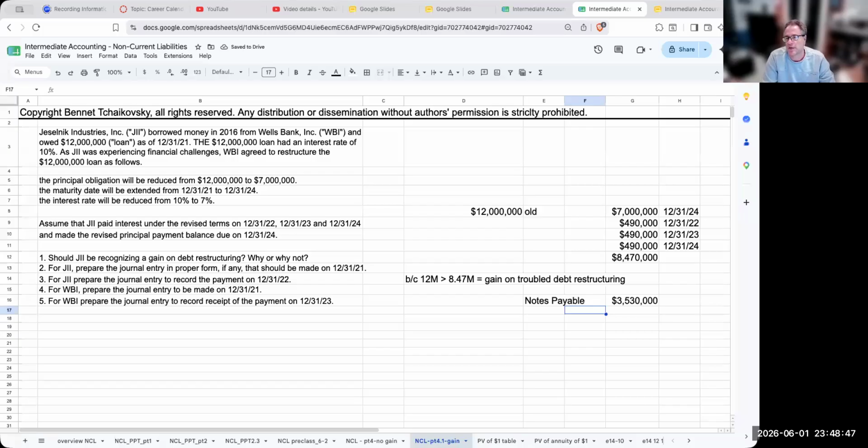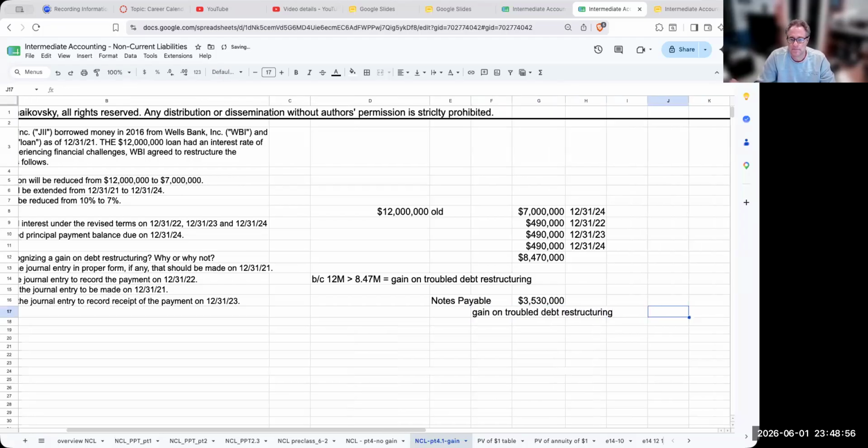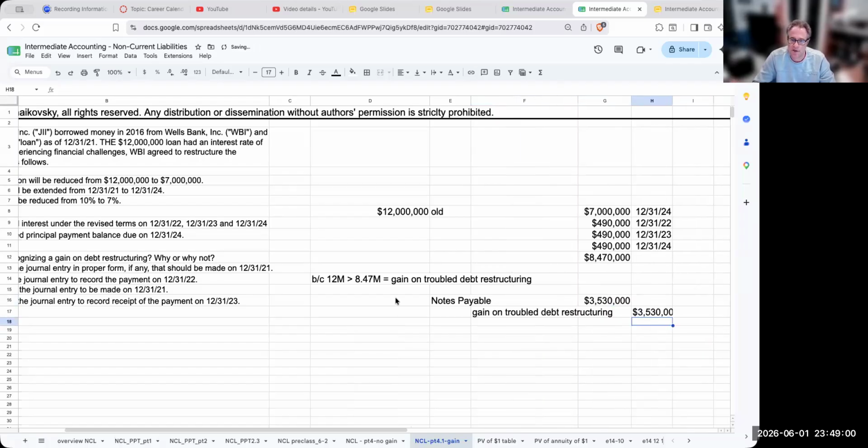And then we're going to be going over here and basically crediting gain on troubled debt restructuring. Again, when you're dealing with this, there will be tax consequences. So 12/31/20 and basically record gain on troubled debt restructuring.